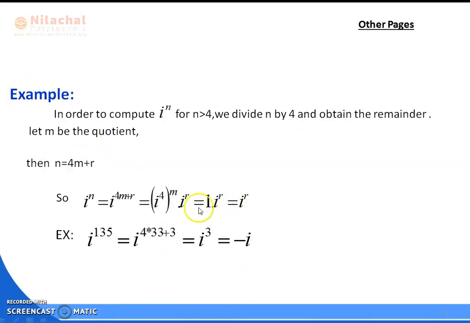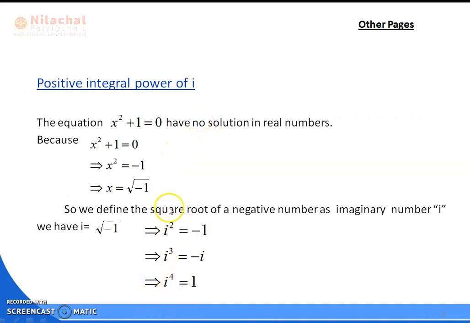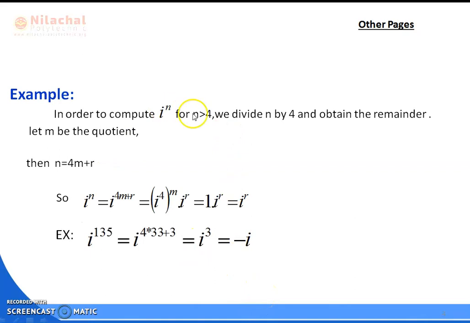So let's have an example in order to compute i to the power n for n greater than 0. Because here we know about up to i to the power 4: i square, i cube, i to the 4. After that, for any number greater than 4, we have to compute such a question.